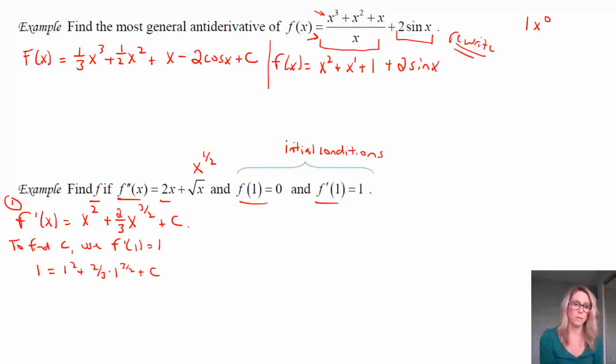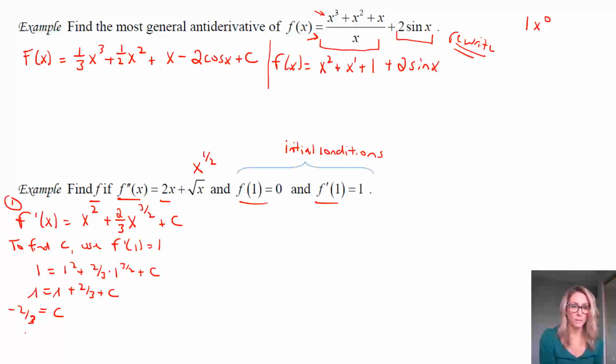Again, all I'm doing here is just plugging in 1 to what I just found and knowing that that has to equal 1. So this is going to give us basically 1 equals 1 plus 2/3 plus c, because 1 to the 3/2 is just 1. And the 1's are going to simplify. I'm going to bring the 2/3 to the other side and I get a negative 2/3.